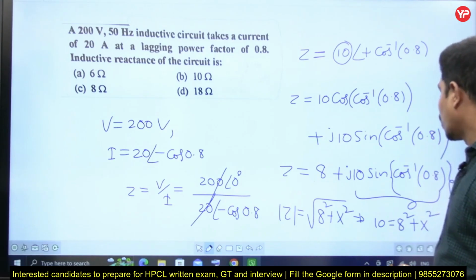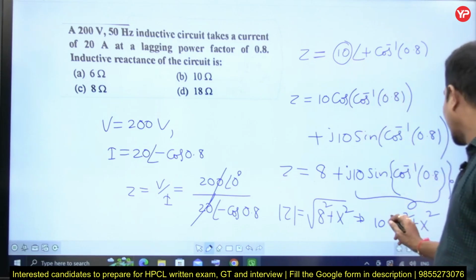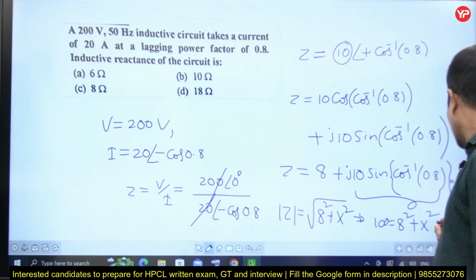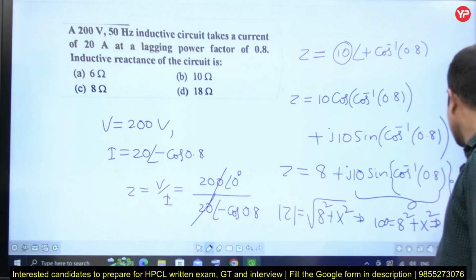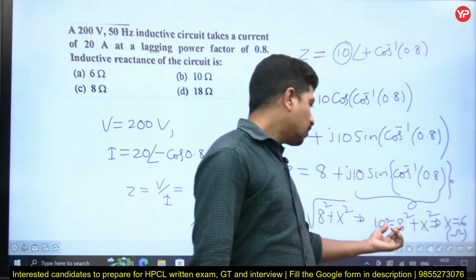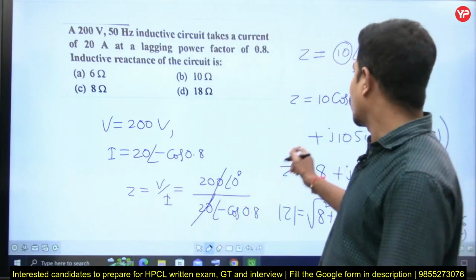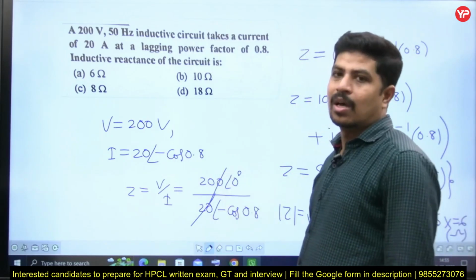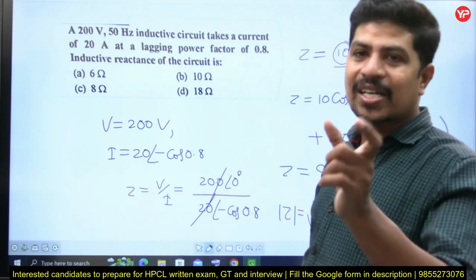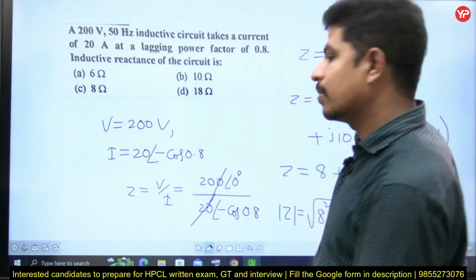From this, X you are going to get as 6 ohms. I'll explain this once again. Magnitude of Z I know, it is 10. Resistance I got. If I have Z and R, I can find X, because mod Z is equal to root of R square plus X square.